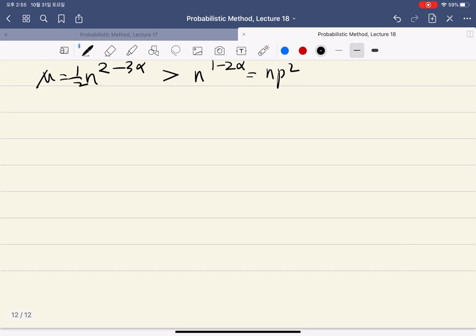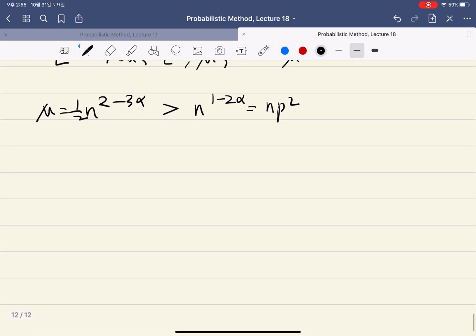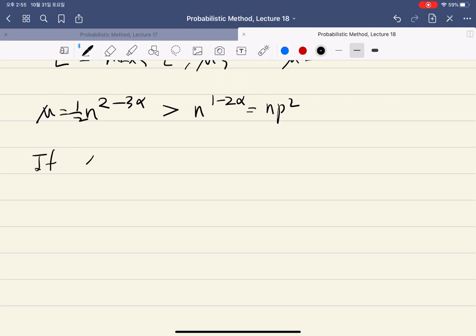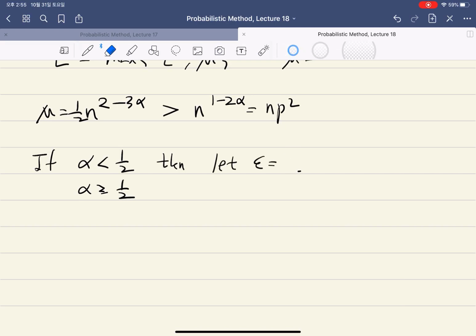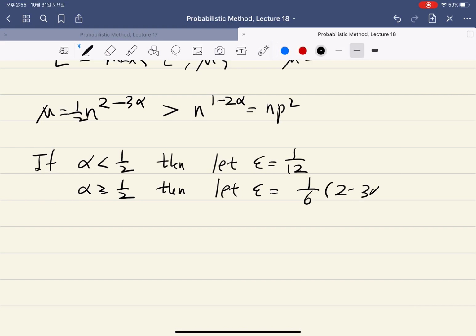So we want to make sure this holds for some epsilon. So how do we do it? If alpha is smaller than half or alpha is bigger than or equal to half, then we let epsilon be 1 over 12, and we let epsilon here be 1 over 6 times 2 minus 3 alpha. Then what do we have?